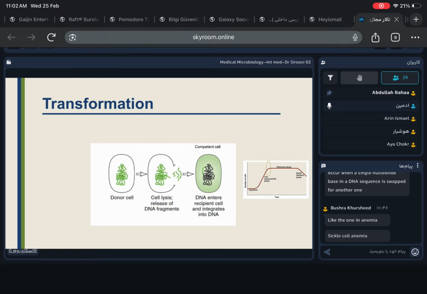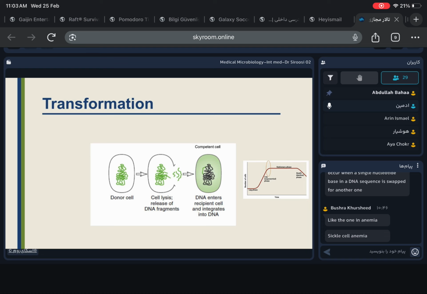And it's important to know that not all bacteria are naturally competent. It's not the case that all bacteria are able to uptake the naked free DNA from their environment. That's not true. Only some specific strains of bacteria can uptake the DNA in this way.